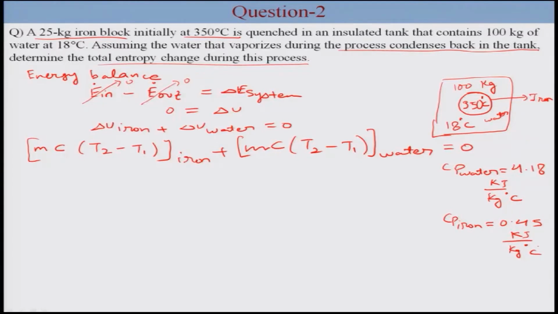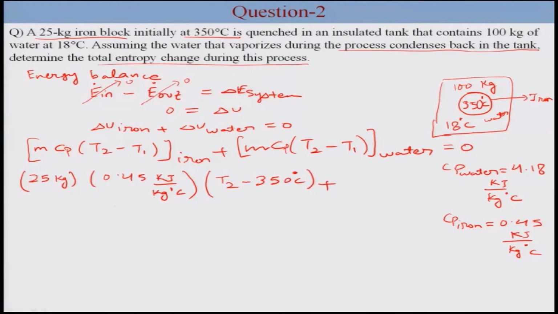T1 for iron and water will be different, although T2 will be the same for both as it is the equilibrium temperature. So, putting all the values in this expression, mass of iron is 25 kg, Cp of iron is 0.45 kilojoule per kg degree Celsius, and T2 minus T1, where T2 is not known and T1 is 350 degrees Celsius.